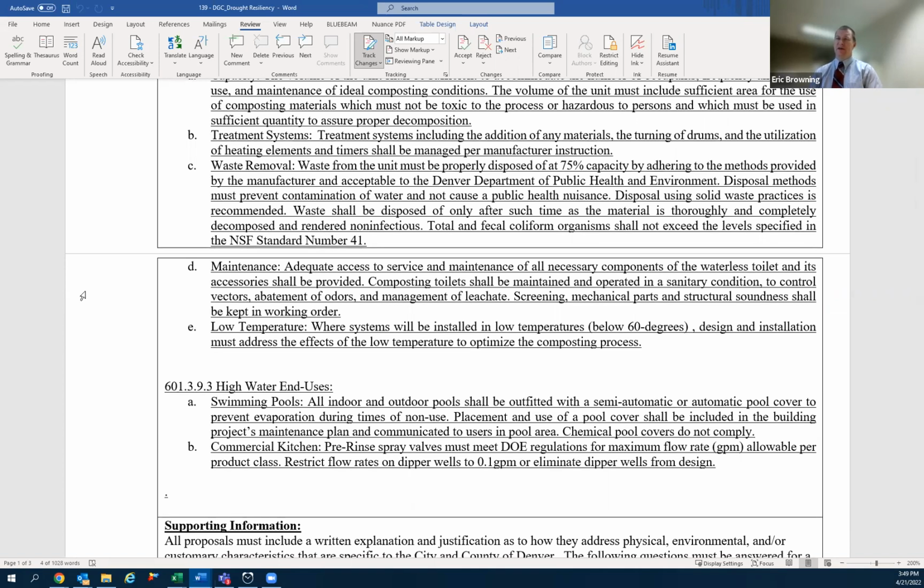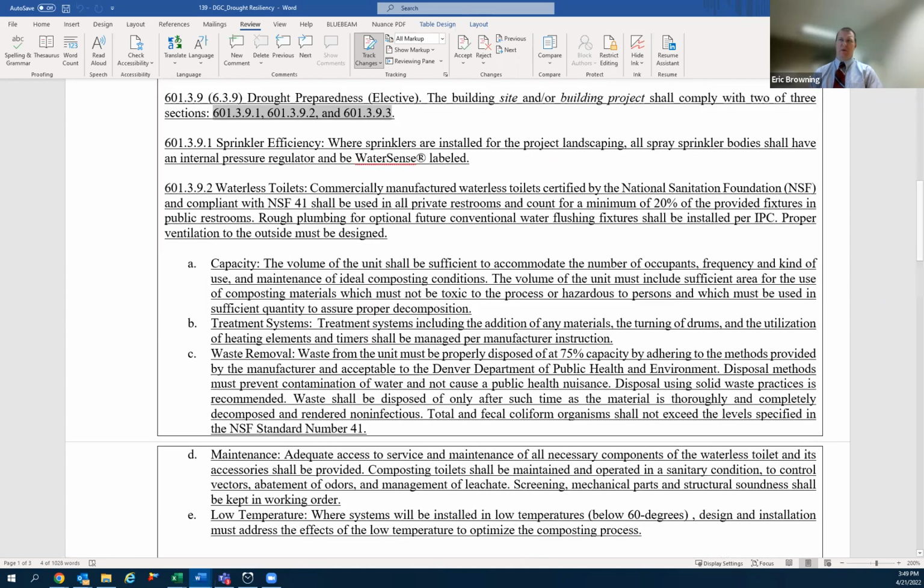And to me, that seems a bit restrictive, really. I'm just curious about the thought on that, and if that really is the intent, because probably the majority don't have pools or commercial kitchens, so they would have to comply with 391 or 392. I'd just like to hear a little bit of feedback on that.